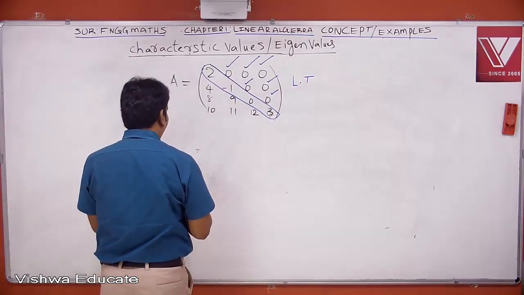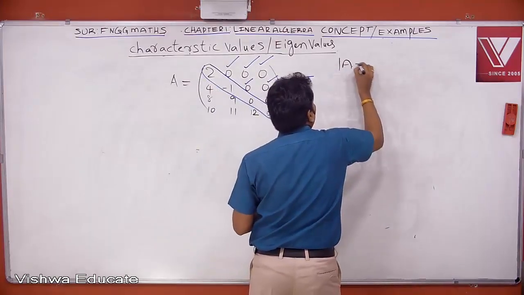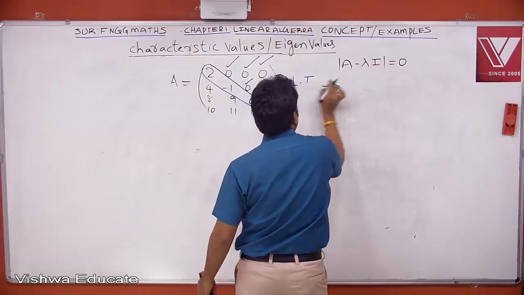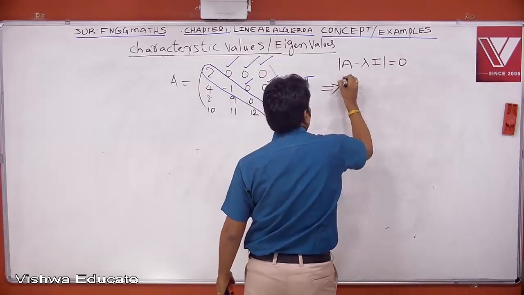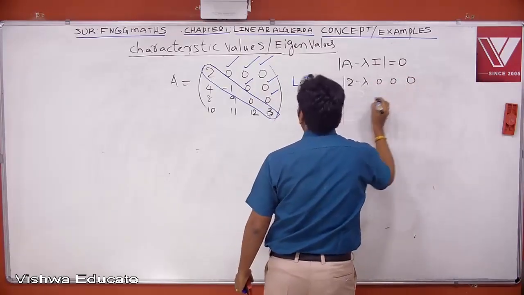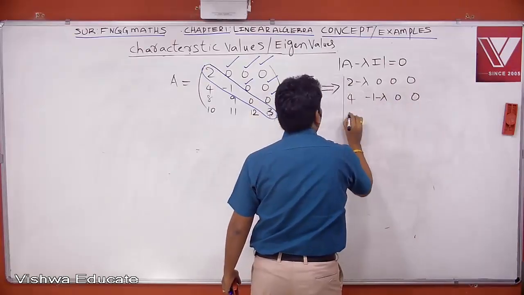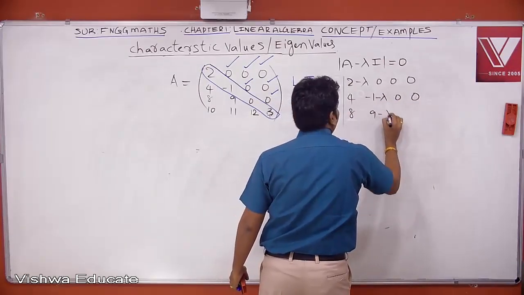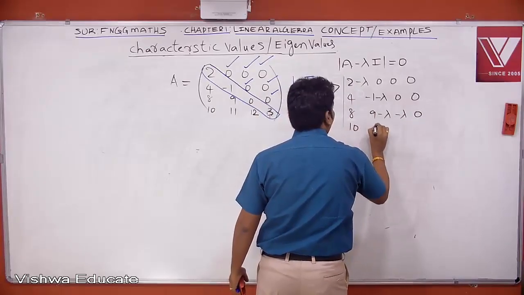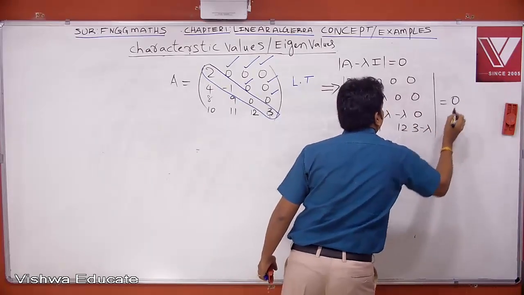Now let us find its eigenvalues. When you define its characteristic equation, it is in the form det of A minus lambda I equal to 0. So subtract lambda only from the diagonal elements. Therefore, this is the determinant of 2 minus lambda 0 0 0, 4 minus 1 minus lambda 0 0, 8 9 minus lambda 0, 10 11 12 3 minus lambda, equal to 0.